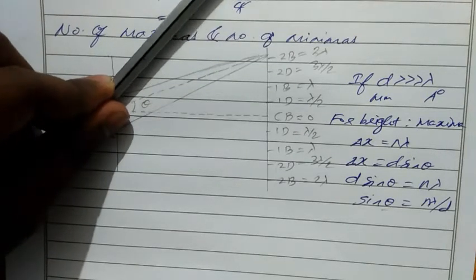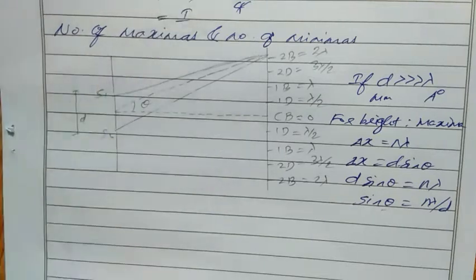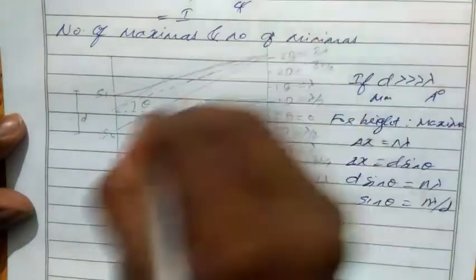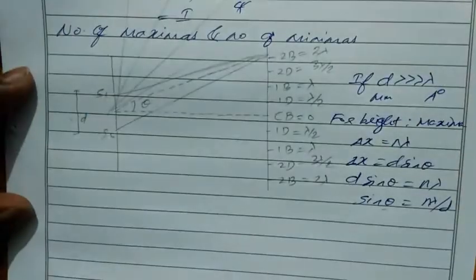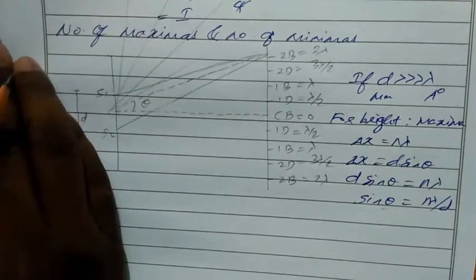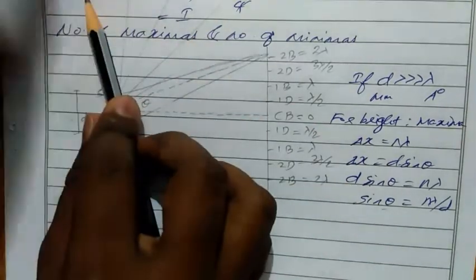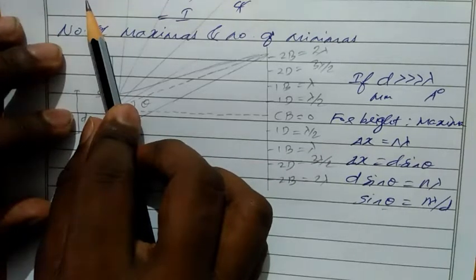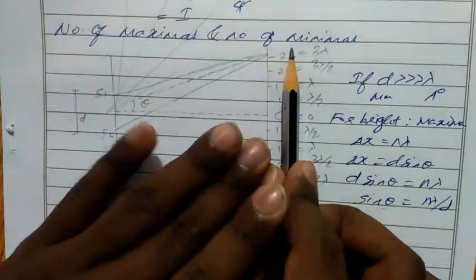So it can be increased up to 90 degree, correct? Up to this 90 degree. It cannot increase more than 90 degree, because beyond 90 degree we don't have a screen here, so we can't see the maxima and minima. We only have the screen here.